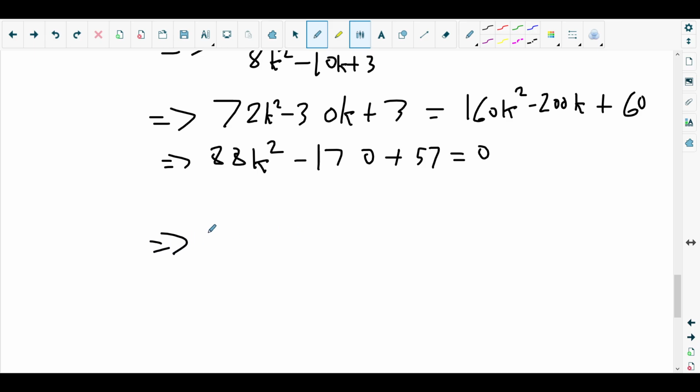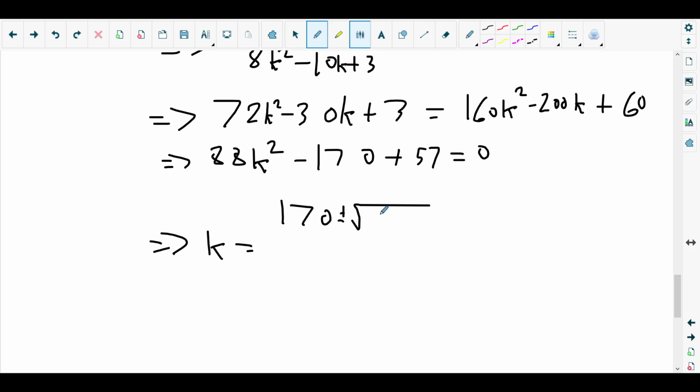Use the quadratic formula: minus b plus or minus square root of b squared minus 4ac. So 170 squared minus 4 times 88 times 57.